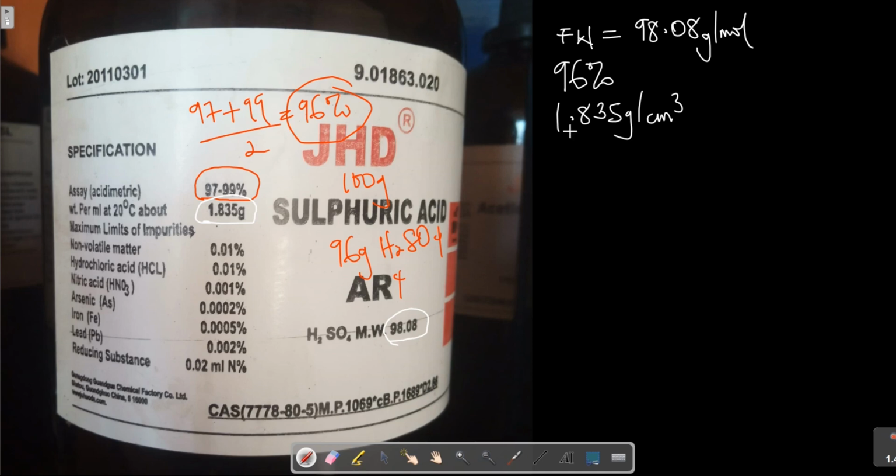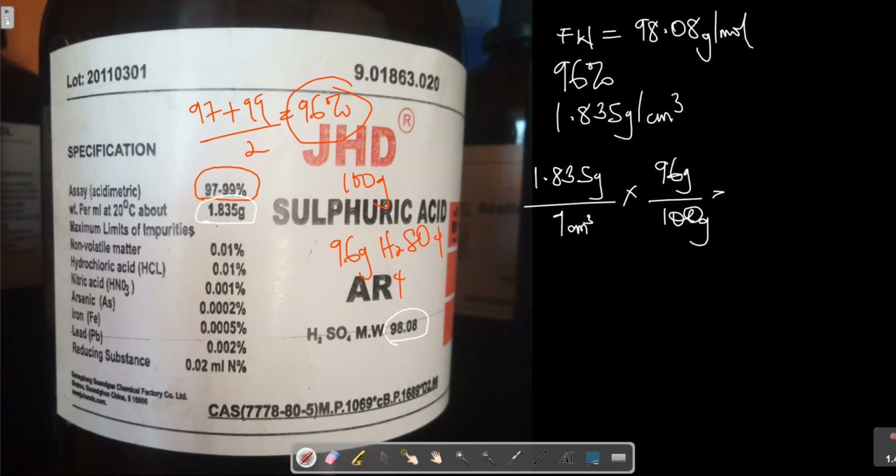So as usual, we multiply the specific gravity with the percent concentration, which is 1.835 grams per cm cube multiply, take note, this percentage which is always over 100, 96 grams of the acid diluted to 100 grams.